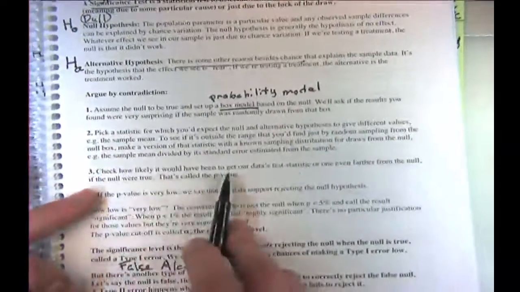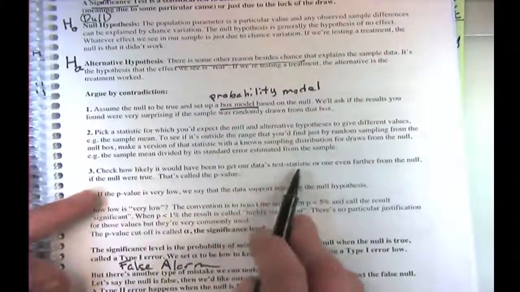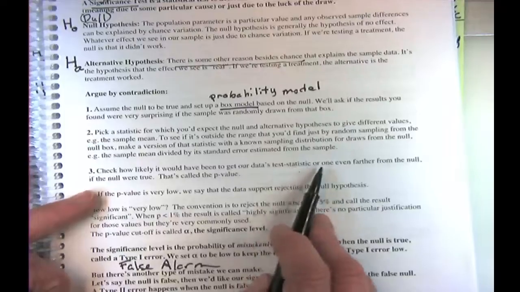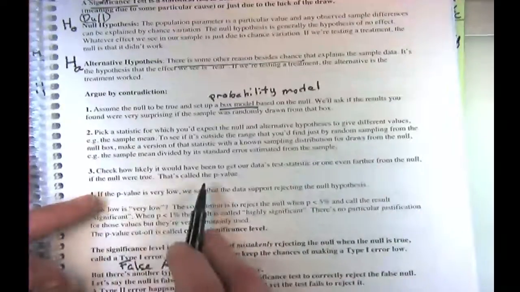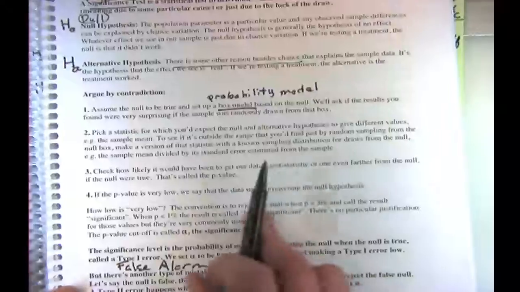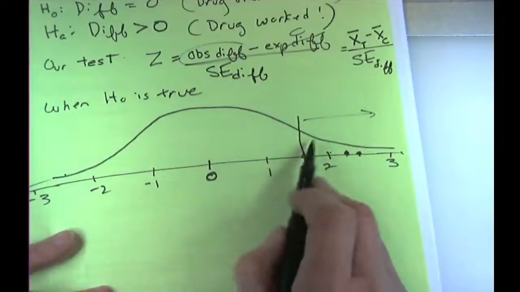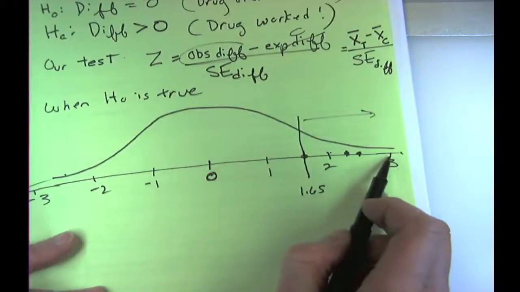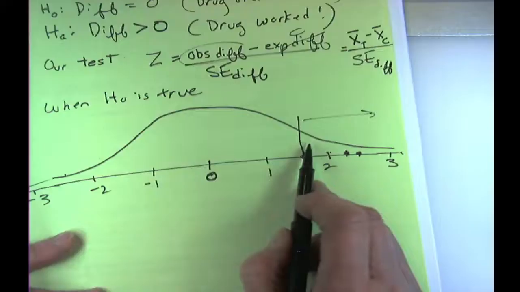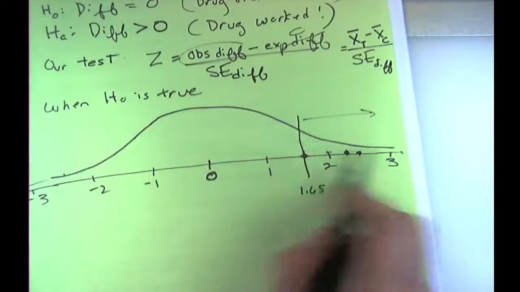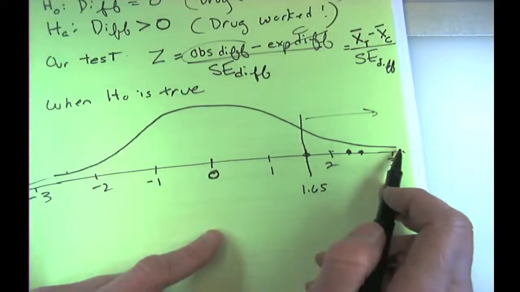Check how likely it would have been to get our data's test stat, or one even farther, from the null if the null were true, and that's called the p-value. All right, so what we're doing now, what you guys intuitively said, is this is the probability of getting a test stat this big or bigger when the null is true, and that's called the p-value.